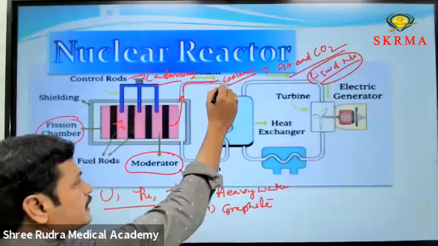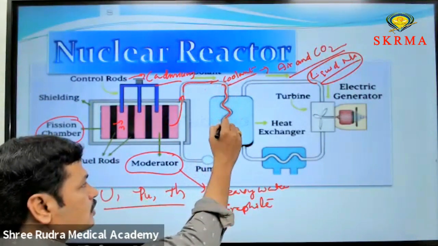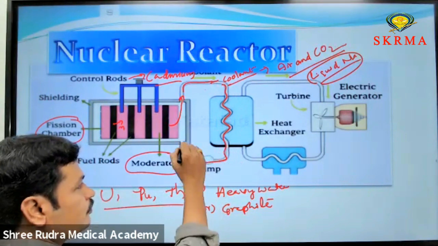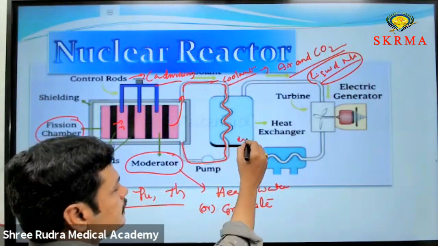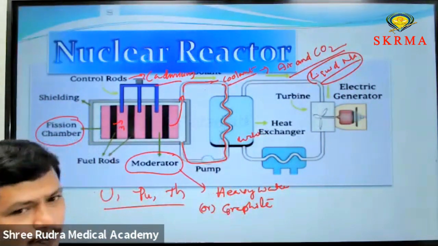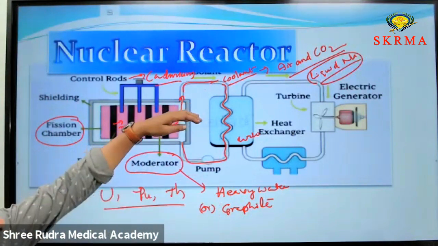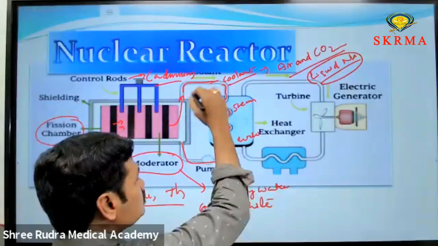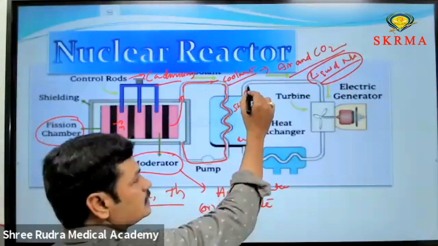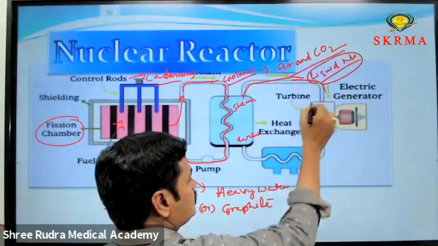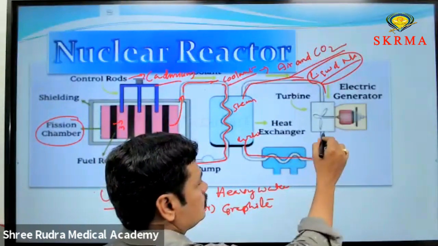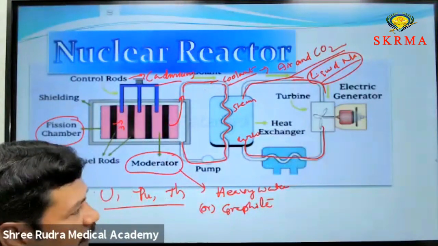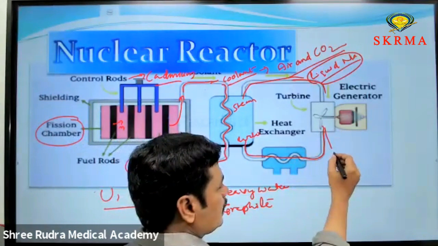The coolant takes this heat energy through these rods, and if you provide water here, the water evaporates and is converted into steam by taking this huge amount of energy. The steam passes through rods and is used to turn turbines.